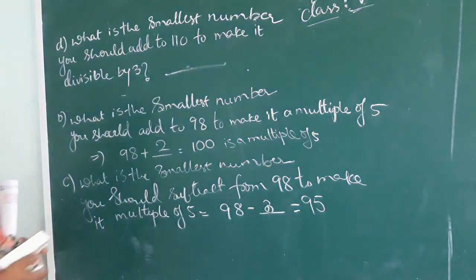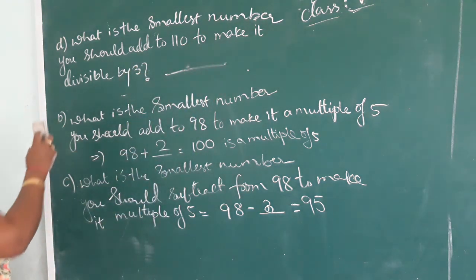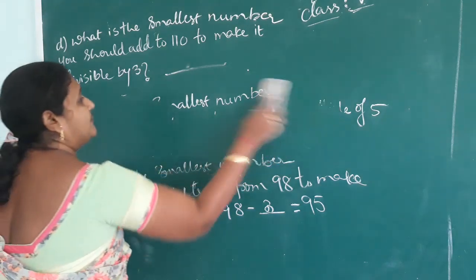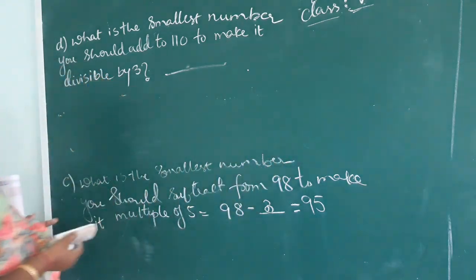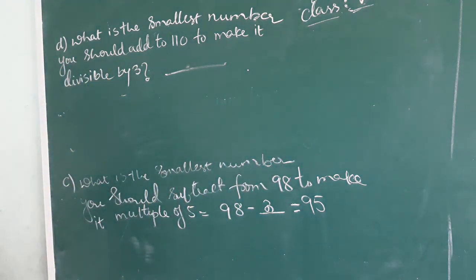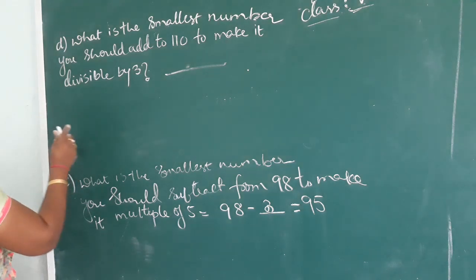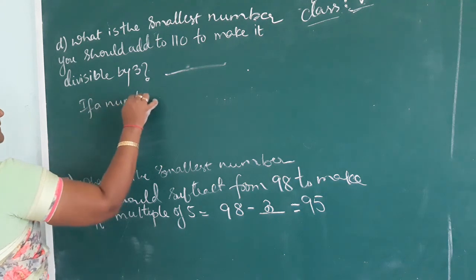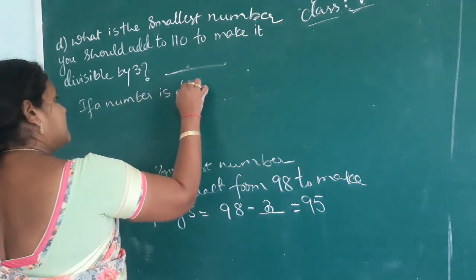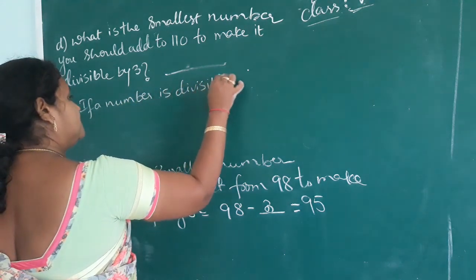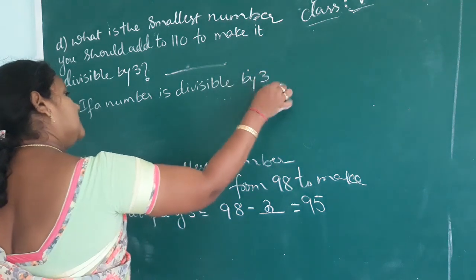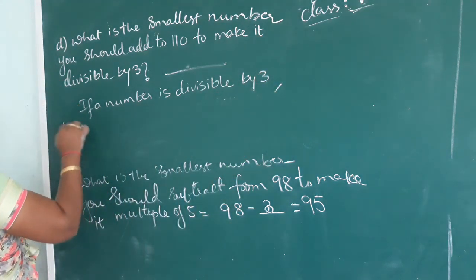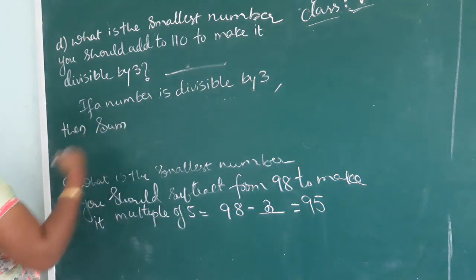Okay, what is the divisibility rule of 3, children? The divisibility rule of 3 is the sum of the digits. If a number is divisible by 3, then the sum of its digits is also divisible by 3.